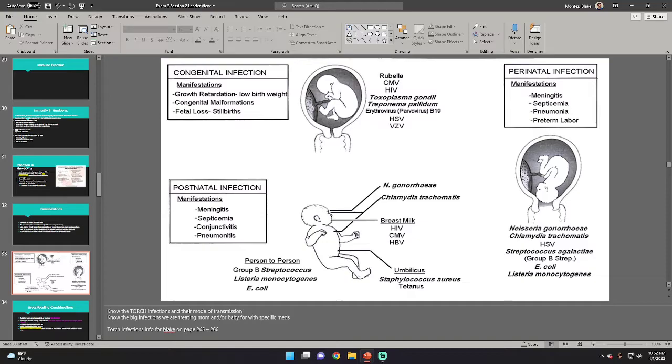Most of these are asymptomatic at birth, but they may experience anemia, jaundice, and hemolytic issues later. And if they do have CMV, that can be progressive through infancy and childhood.